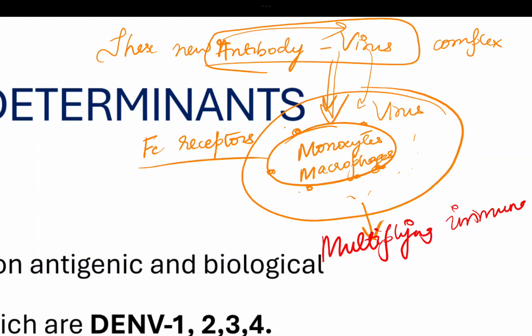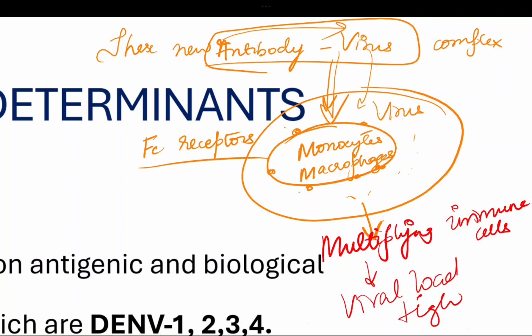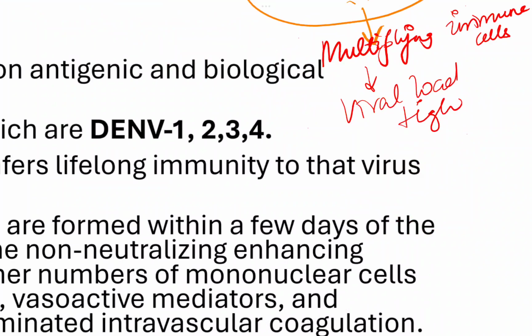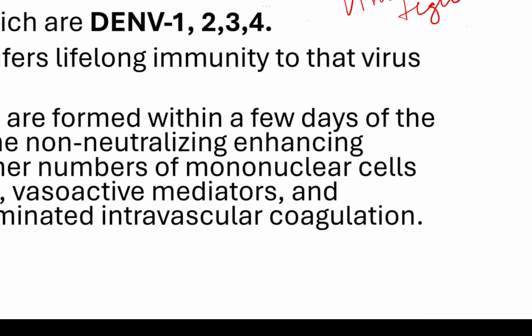The macrophages and monocytes are the immune cells, right? They are getting affected now, and the viral load becomes very high. Because the viral load is high, the body has started to release cytokines.